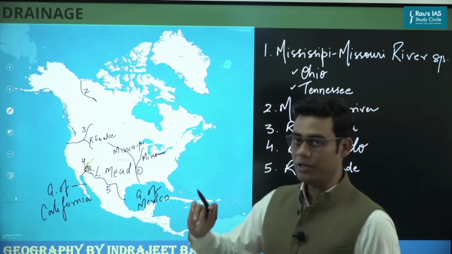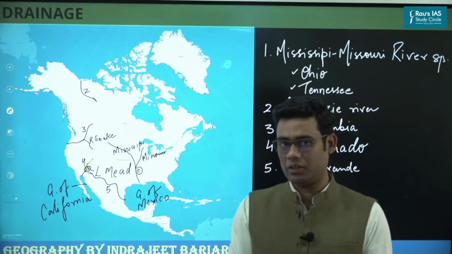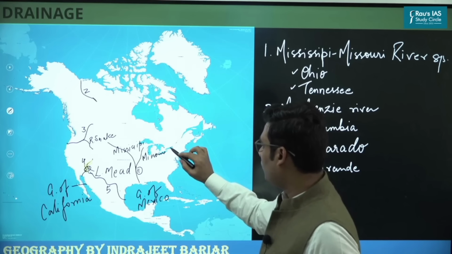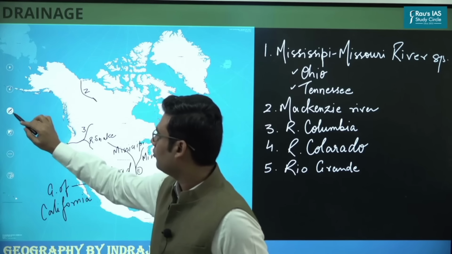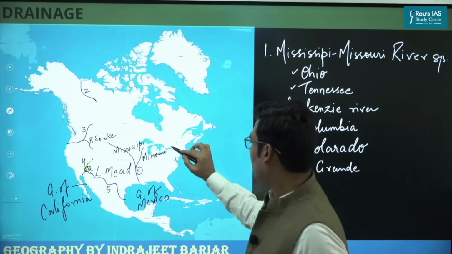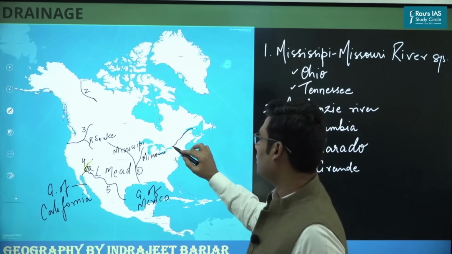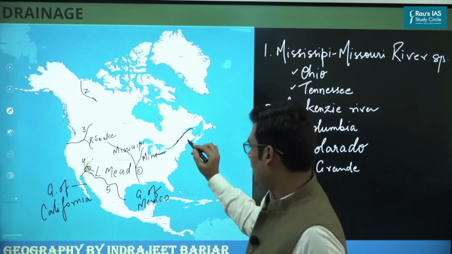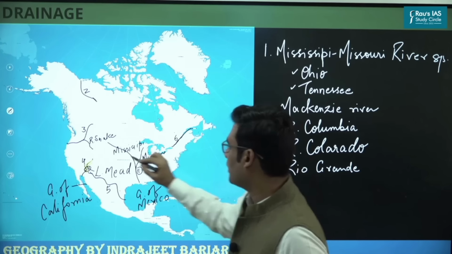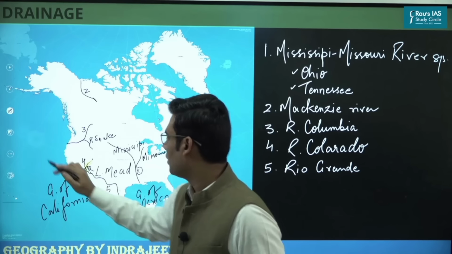Then after that, an extremely important and interesting river flows from over here, like this. Let's number this river 6.